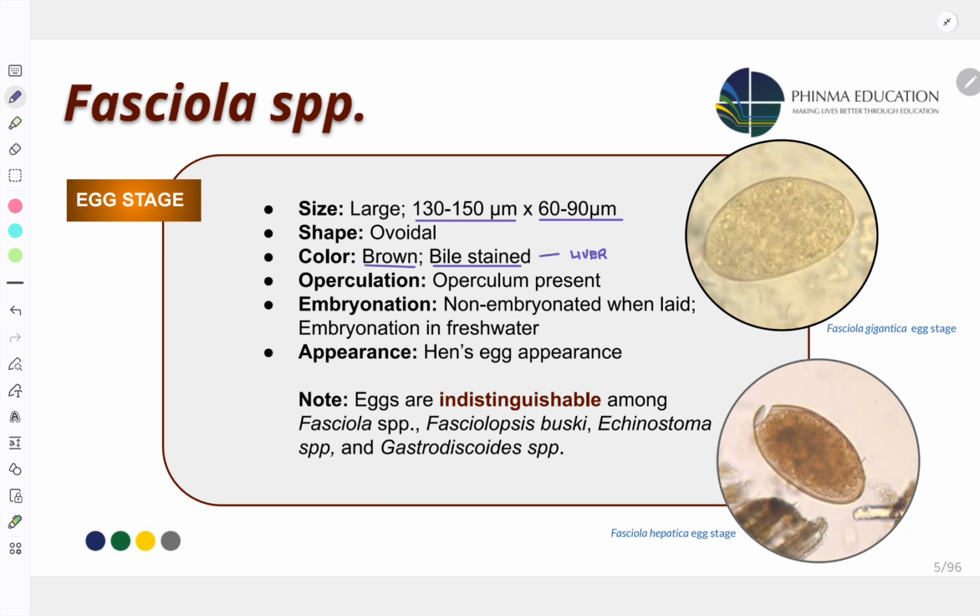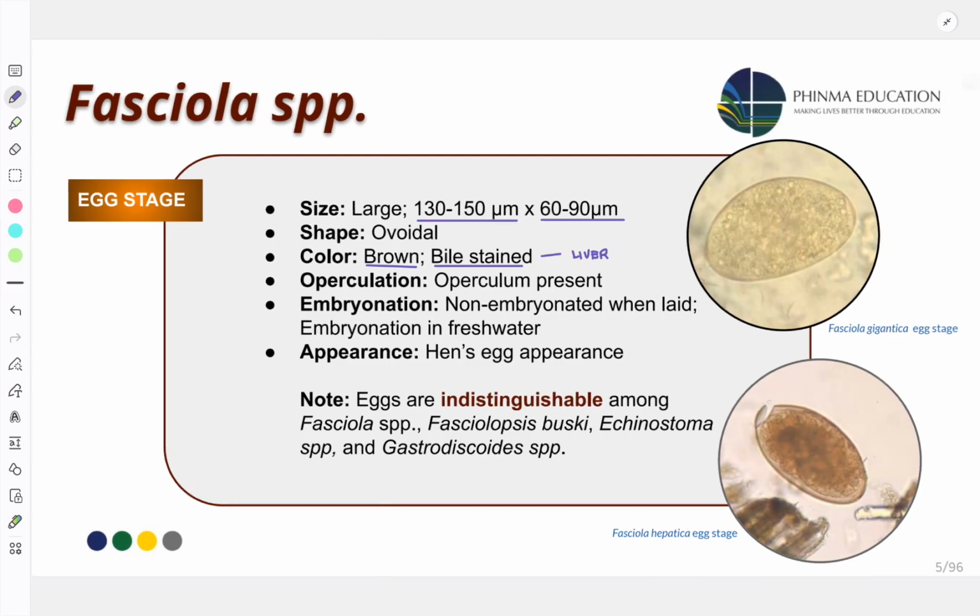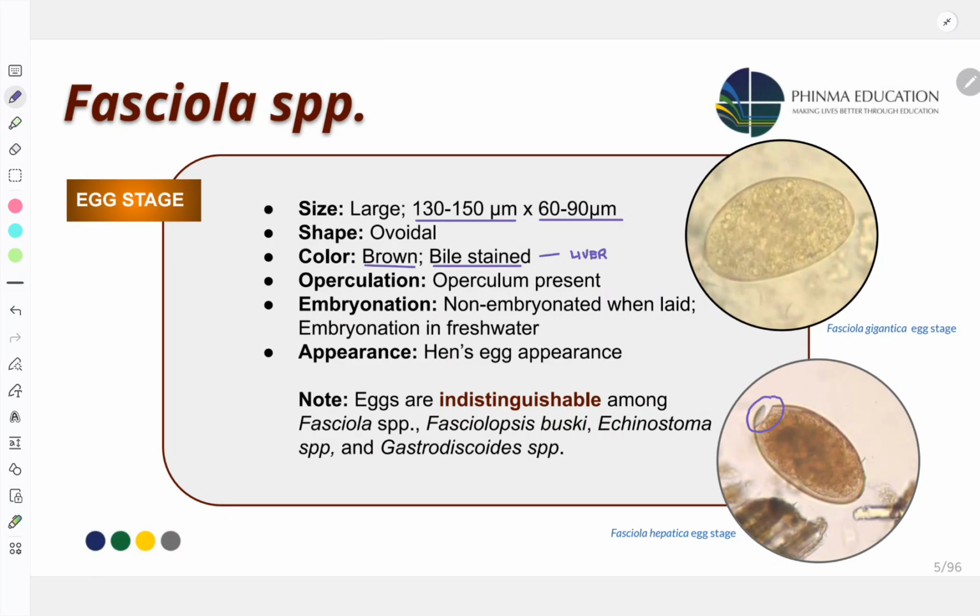So of course they absorb the color of the bile, so they are yellowish or brownish. All hermaphroditic trematode eggs are operculated. The only non-operculated ones are your Schistosoma.